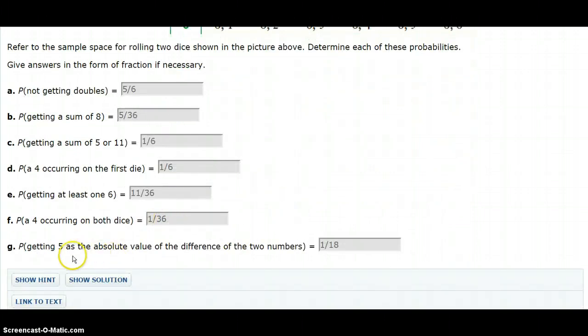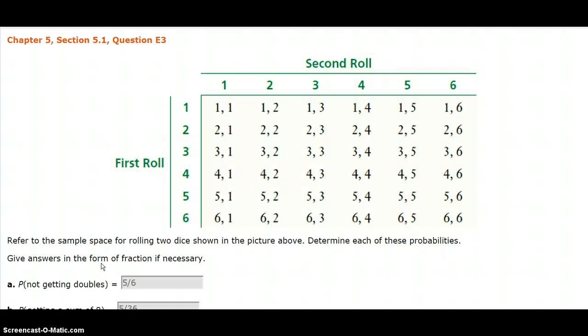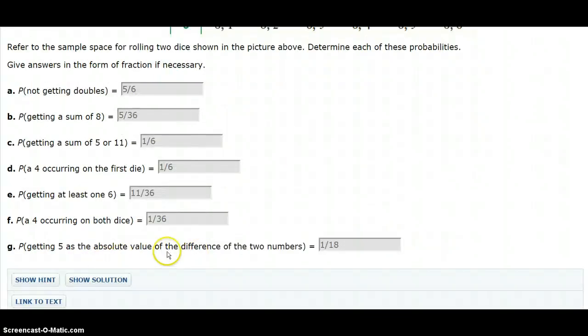And probability of getting 5 as the absolute value of the difference of the 2 numbers. Okay, now we're starting to get a little nerdy with this, but let's go ahead and finish this out. So absolute value of difference means 6 minus 1 or 1 minus 6 shouldn't matter. 7 would be the only way we could get an absolute value of 5 otherwise, unless we had a -3, which we certainly can't.